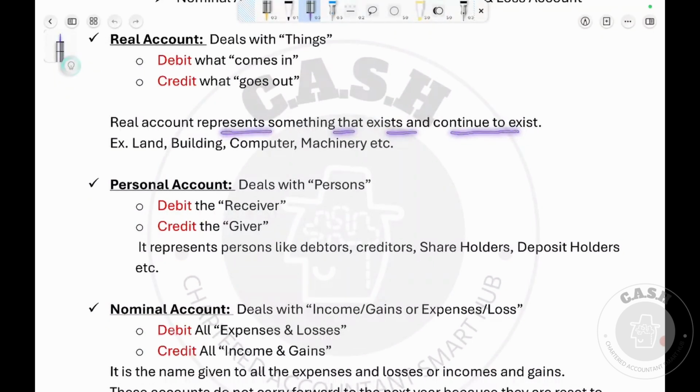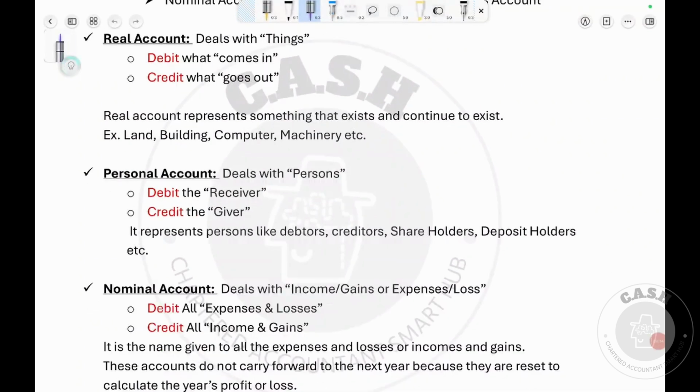For example, land, building, computer, machinery, etc. If you purchase a building for your company, then it will exist in this year and will continue to exist in the upcoming year also. So the real account rule says debit what comes in, credit what goes out.